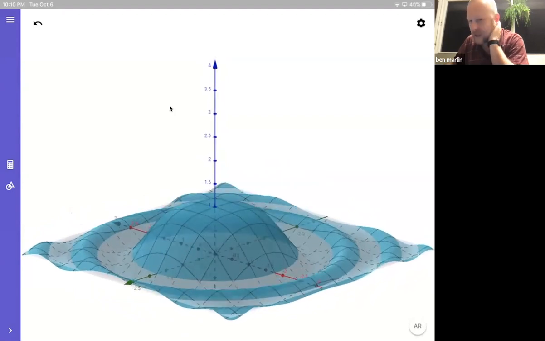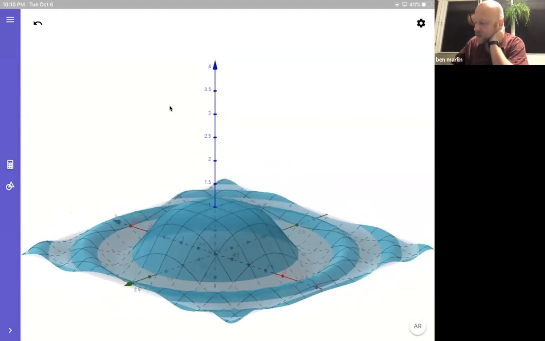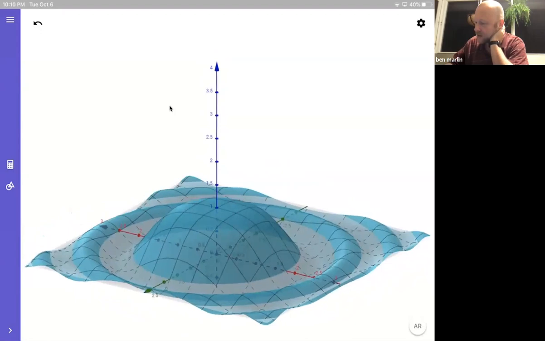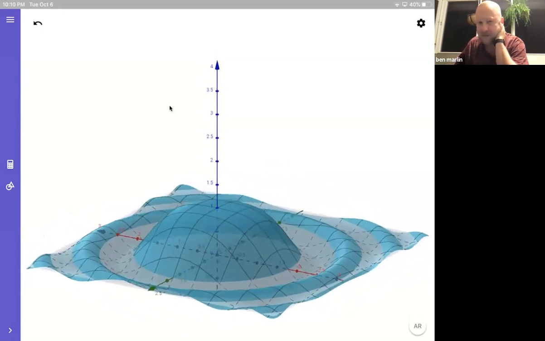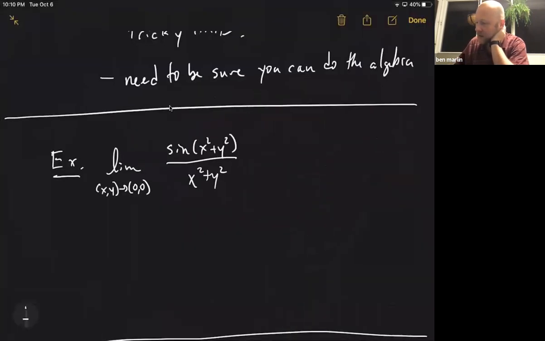Close to the origin, you've got something that's kind of got the top of a hump there, and it looks like the limit that you're getting is 1. So when we talk about this limit here, we're going to go ahead and say that the limit is 1.